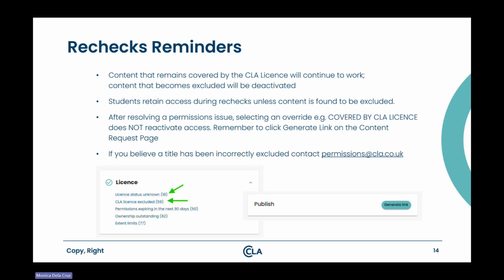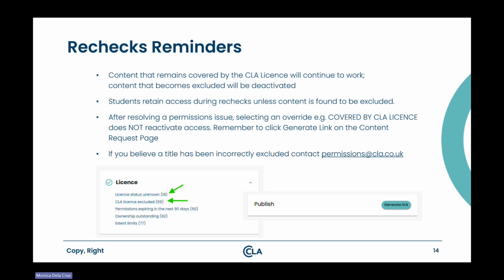And a few important things to keep in mind once rechecks are completed. If content remains covered by the CLA license, nothing changes and it will continue to be available as normal. If content is no longer covered, it will be deactivated. However, students will still have access during the rechecks process, unless a title is ultimately found to be excluded from the license.